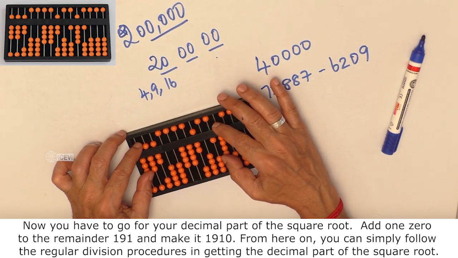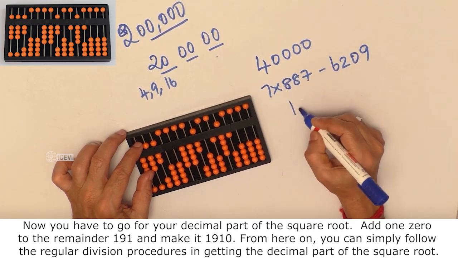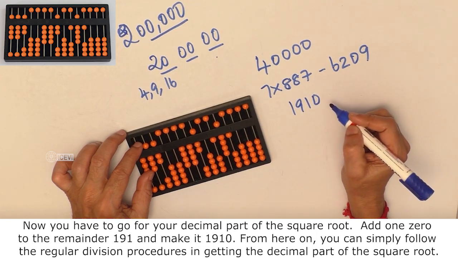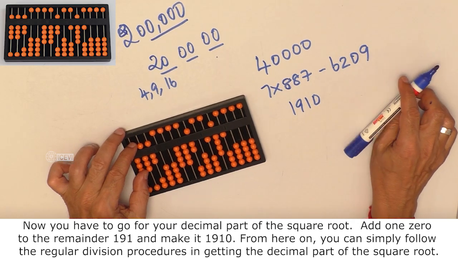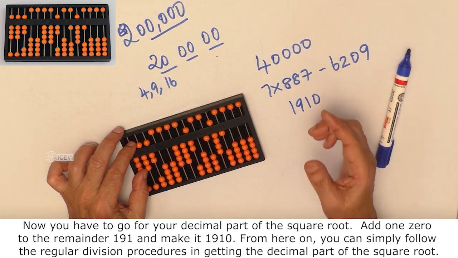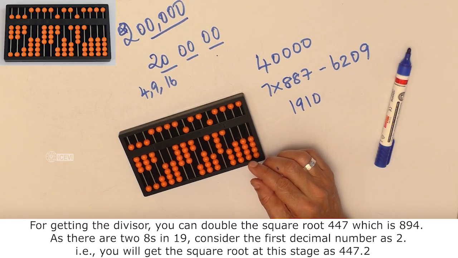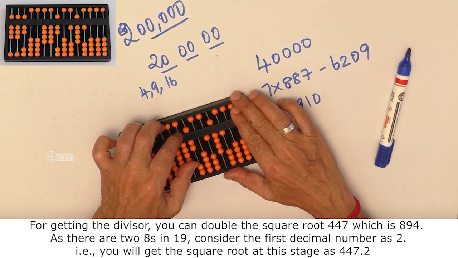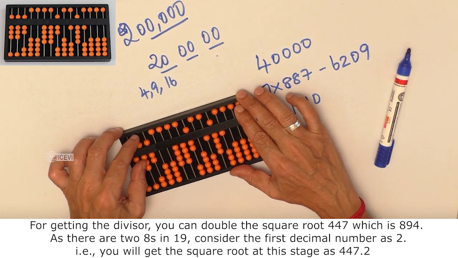Now you have to go for your decimal part of the square root. Add 10 to the remainder 191 and make it as 1910. From here on, you can simply follow the regular division procedures in getting the decimal part of the square root. For getting the divisor, you can double the square root 447, which is 894.